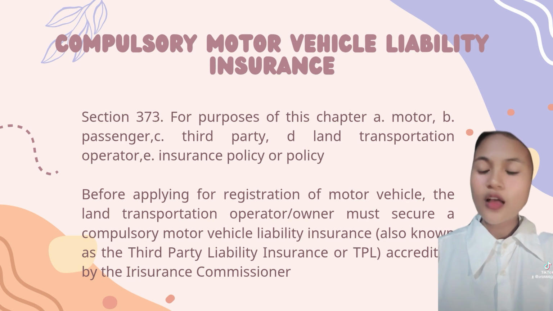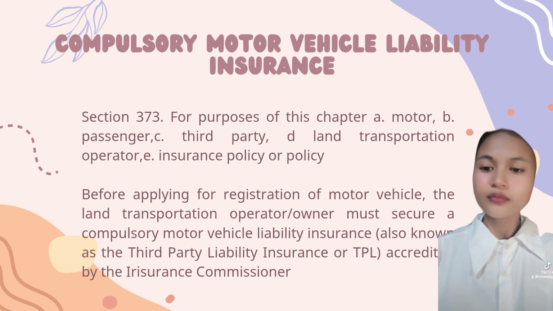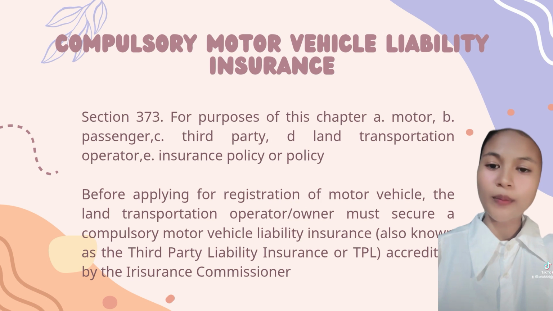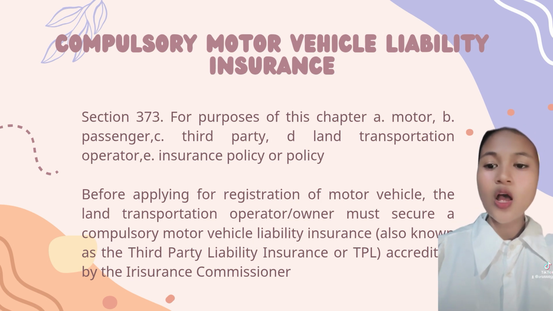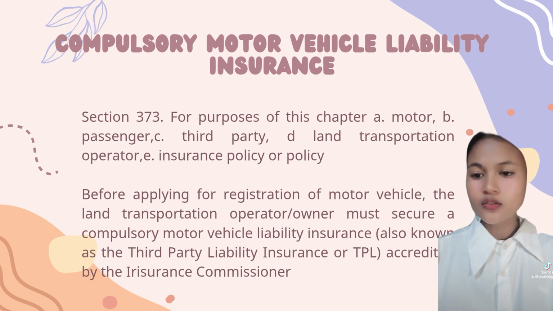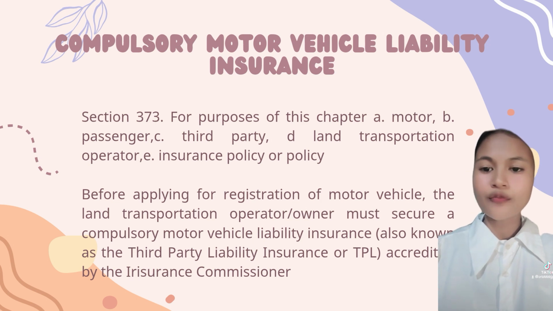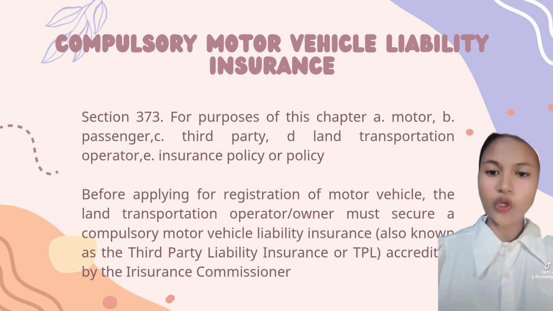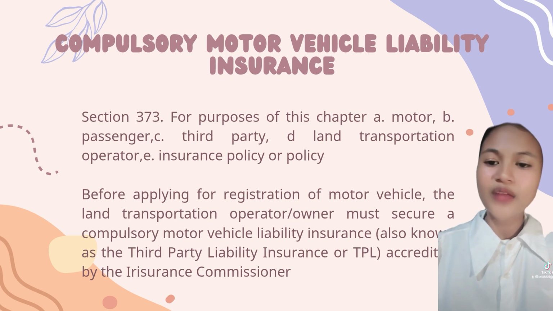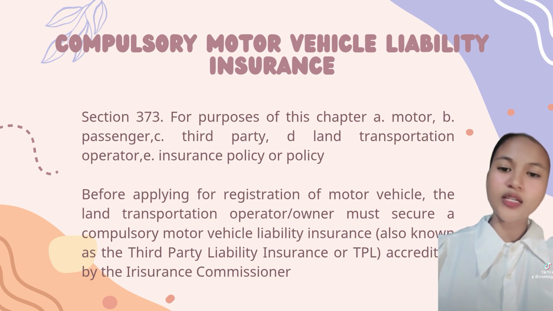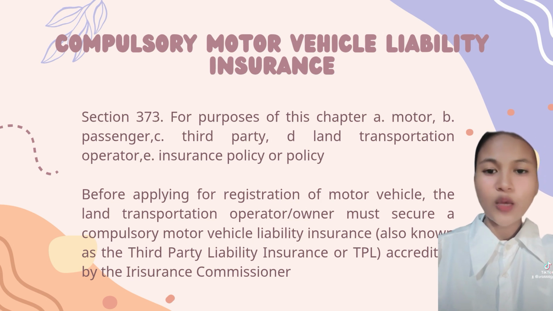And C is the third party. It is any person other than a passenger as defined in this section, and shall also exclude a member of the household or a member of the family within the second degree of consanguinity or affinity of the motor vehicle owner or land transportation operator as likewise defined herein, or his employee with respect to death or bodily injury arising out of and in the course of employment, as amended by PD 1814.